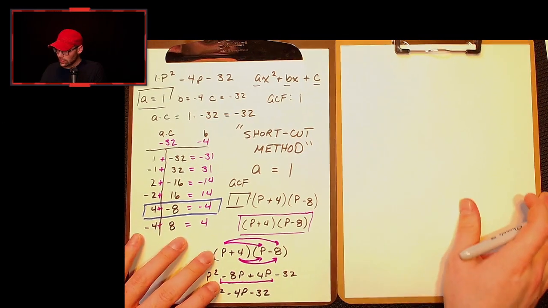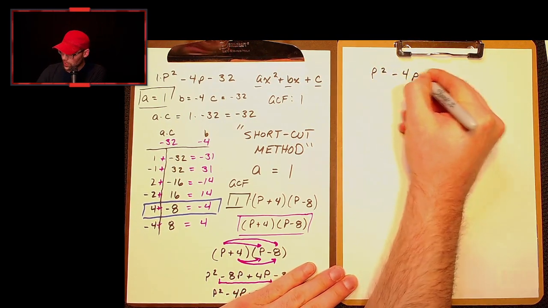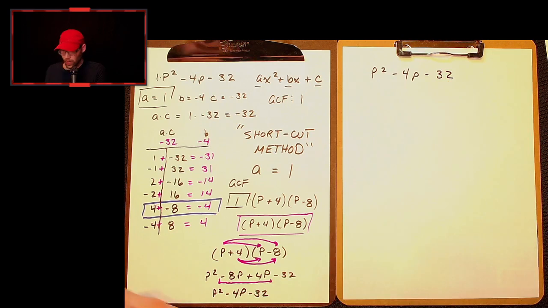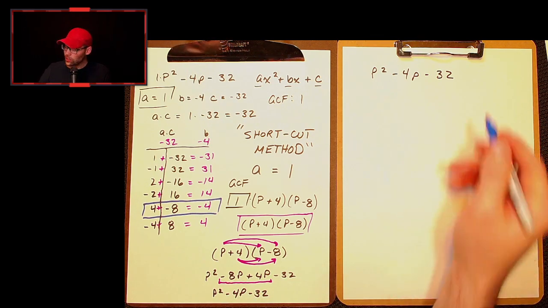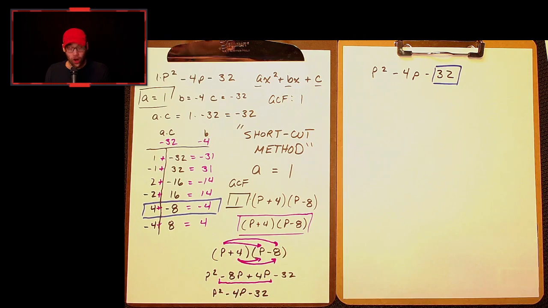So let's take the same problem, p squared minus 4p minus 32. And now we're going to use this verbal method. The verbal method kind of borrows from the AC table method, except we don't actually show our work. We're going to say it out loud. The goal here is we want to look at the absolute value of our constant.